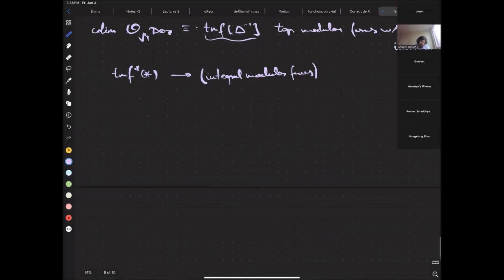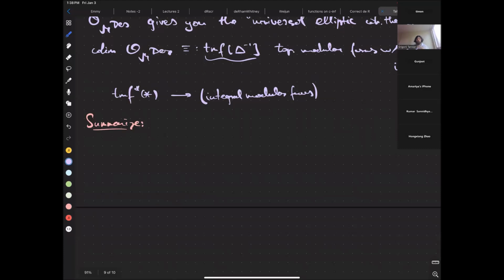Okay, so let me summarize what just happened. The idea was that we wanted to consider one-dimensional formal groups. In the previous talk, we considered G_m and G_a, and we got K-theory and singular cohomology that way.